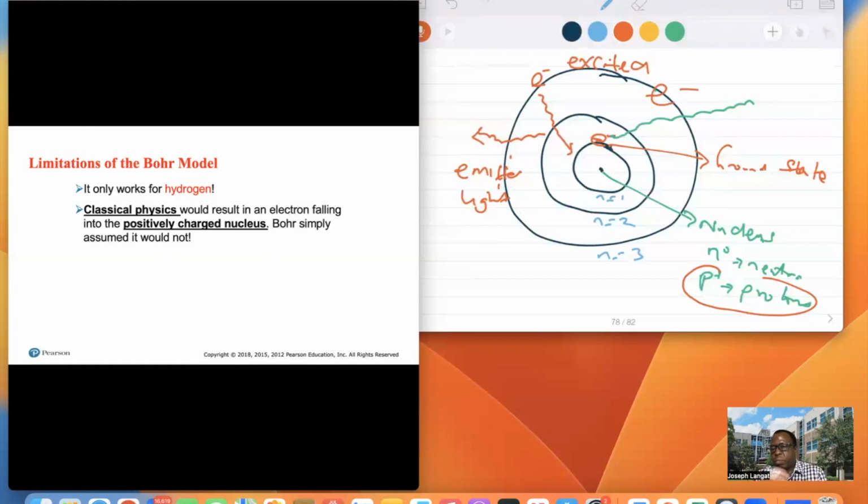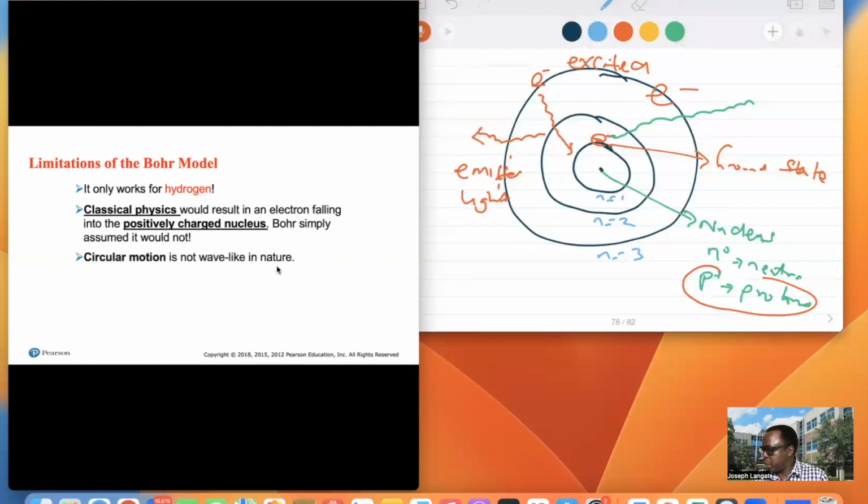Let's say he was asked, how do you explain why the electron is not collapsing into the nucleus and annihilating or destroying the atom? He said, let's assume that will not happen. He could not explain that. He also could not explain the wave nature of the electron.